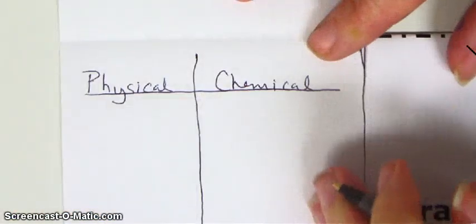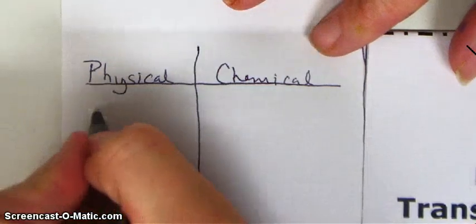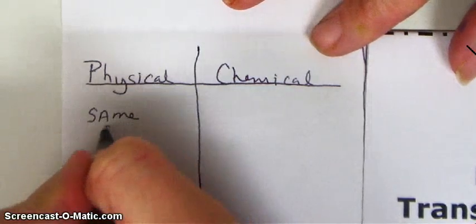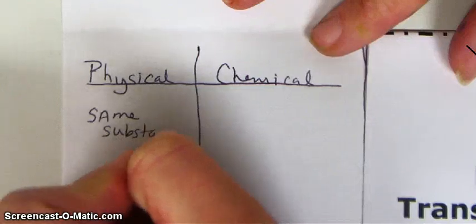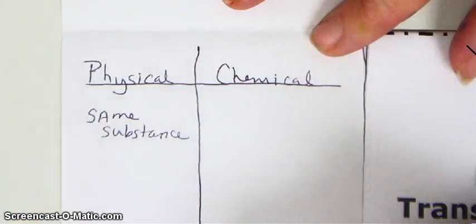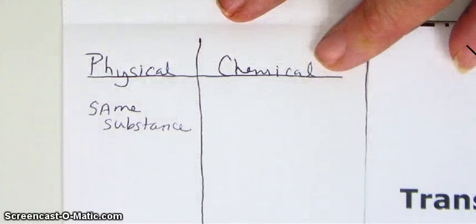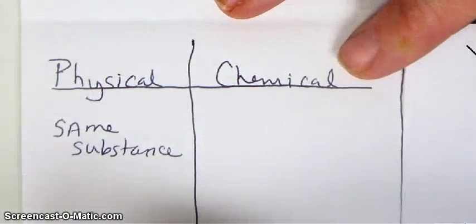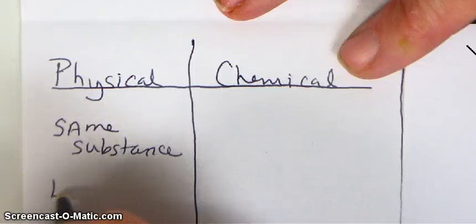In a physical change, you get the same substance after the change, but the change might look different.